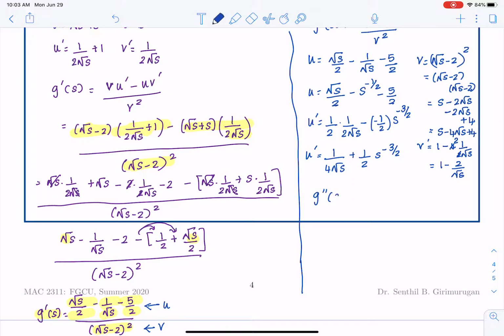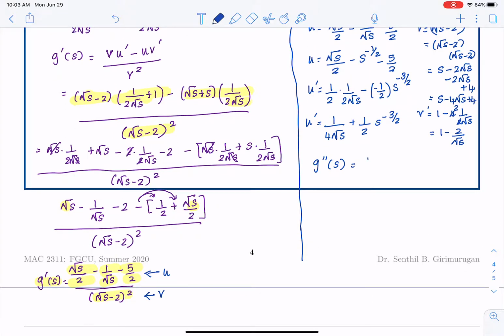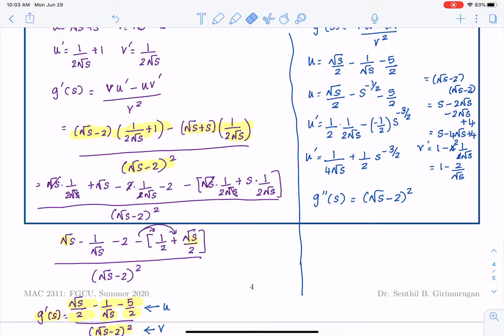So g double prime of s is v, which is square root of s minus 2 squared, which is right over here, multiplied by u prime, which is right there, minus u, which is the giant expression over here, multiplied by v prime, which is right here.